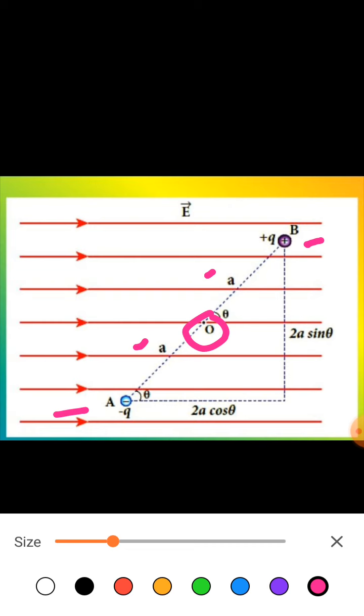as shown in the figure. A dipole experiences a torque when kept in a uniform electric field.